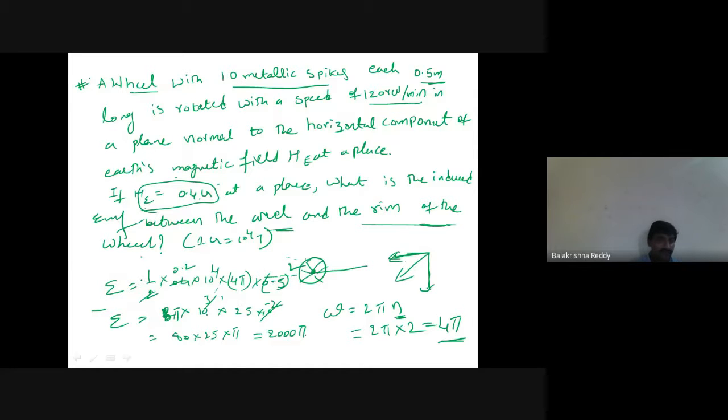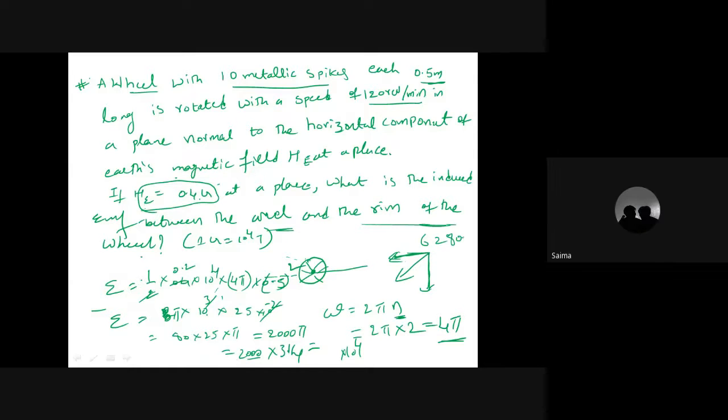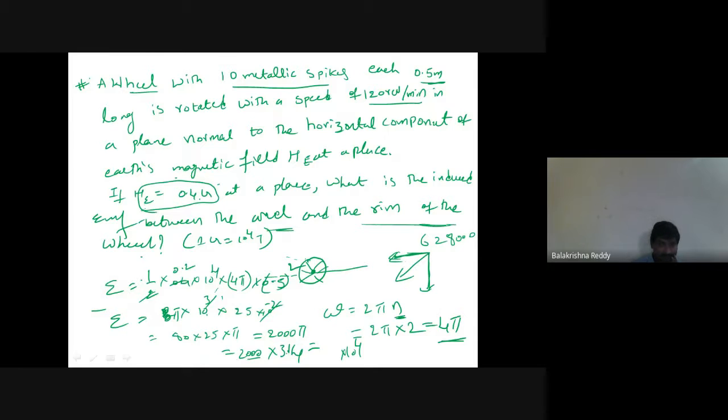This 2000, if you multiply with 3.14, then you will get the answer. 2000 into 3.14, 314 is 628, with zeros as usual.